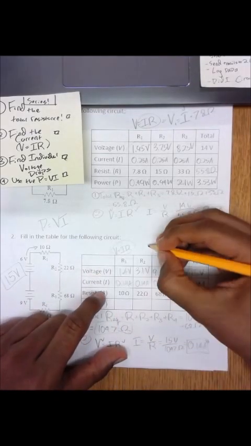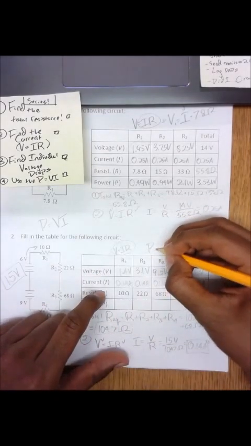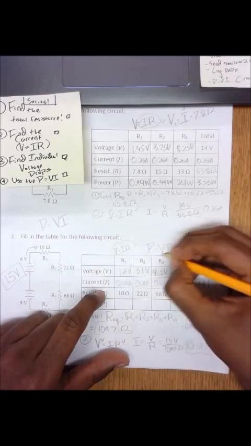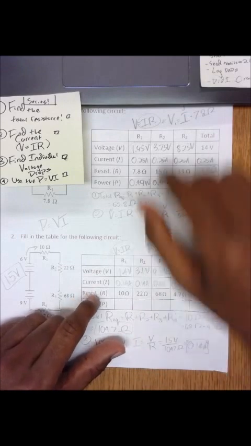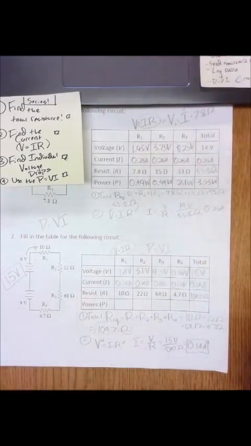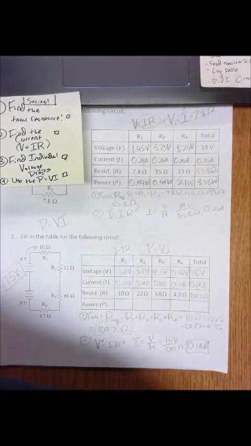And for the power, it's the same idea. Power is equal to V times I, the voltage times current. So for each of these, let me use my phone calculator. It's a little easier for me to use.